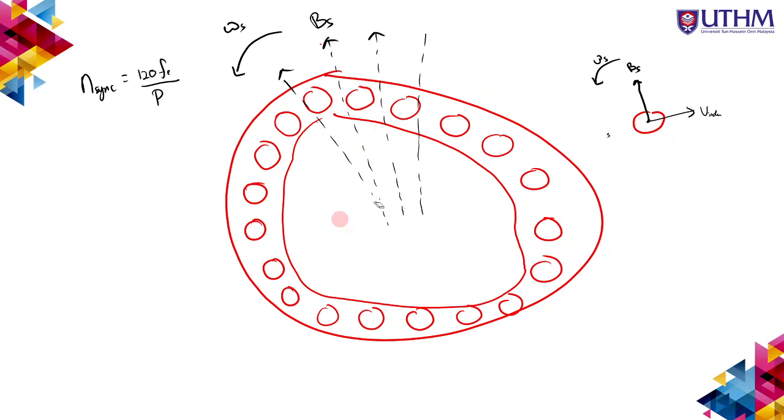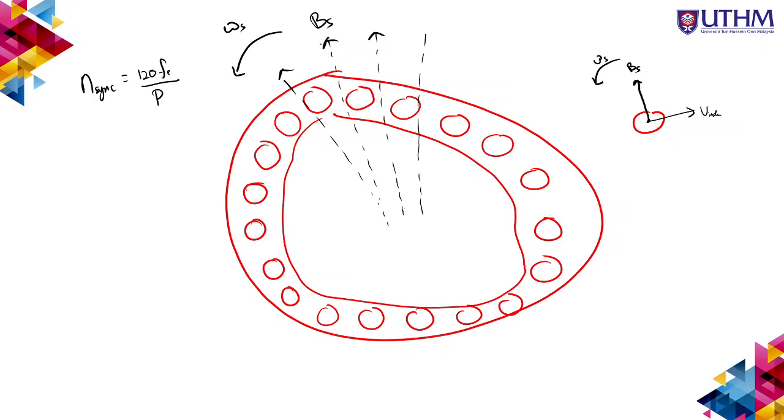Okay, now we have the B and V. If we go back to chapter 1, what can we find? When there is a V and also the magnetic field B, what is the formula?